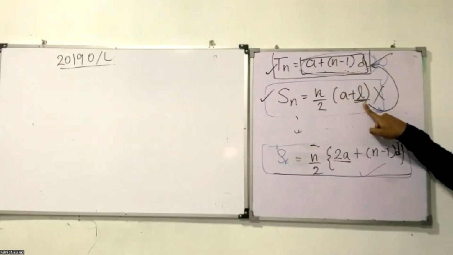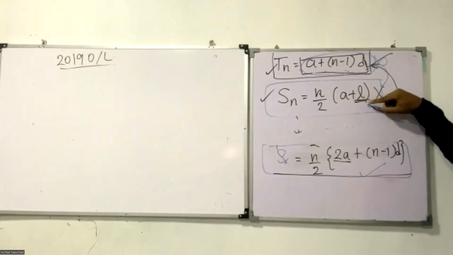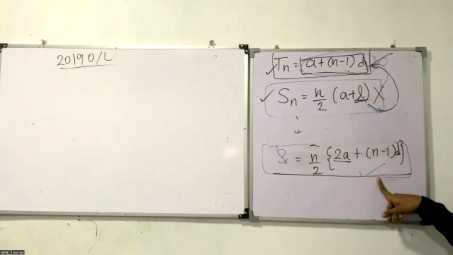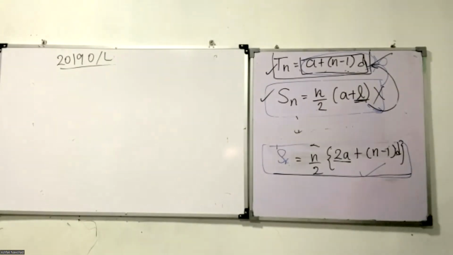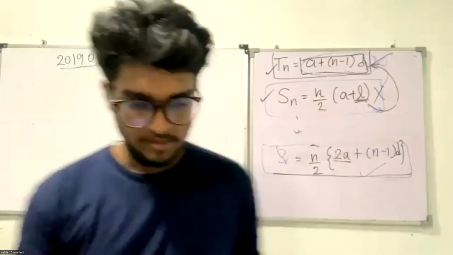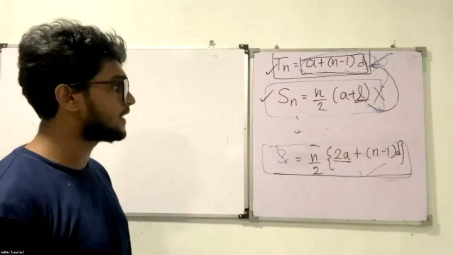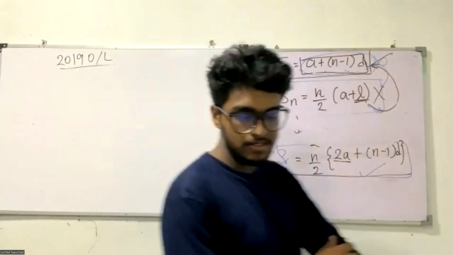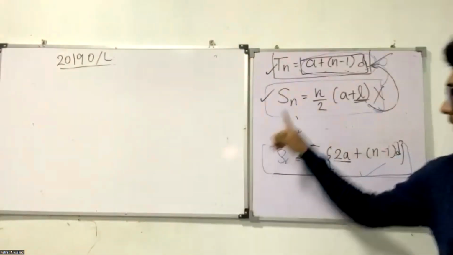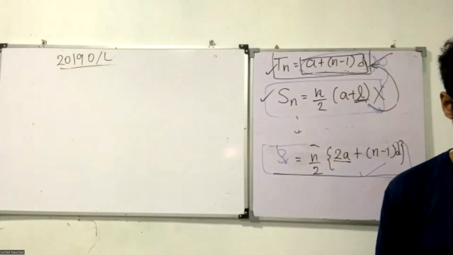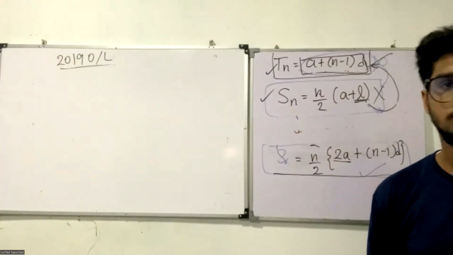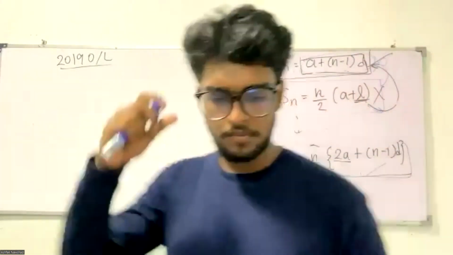Let me know if it is the first formula or the second. The second one. We'll have to use the second one. And also please let me know the reason. Why can't we use the first formula?